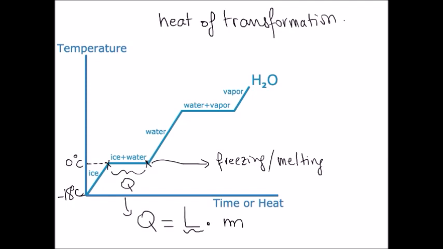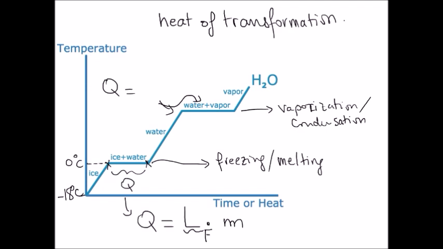It's tabulated. You can find a table for the heat of different transformations: freezing, melting, evaporation, vaporization, condensation. Any phase transformation has a heat of transformation associated with it. So this is L of fusion. This is L of vaporization.